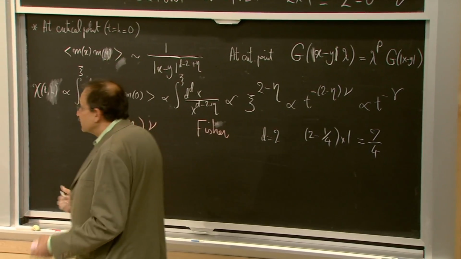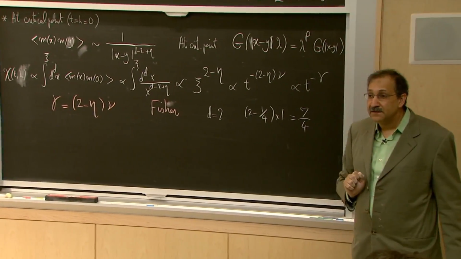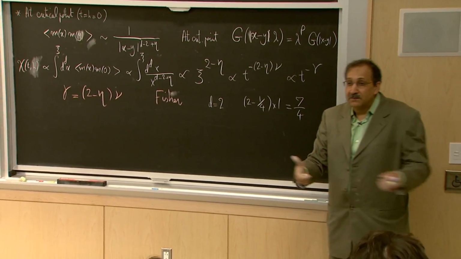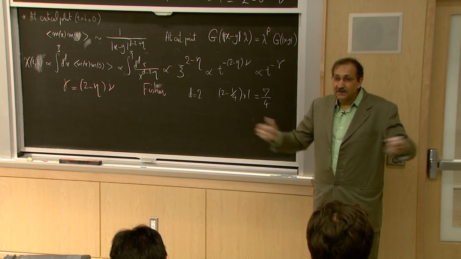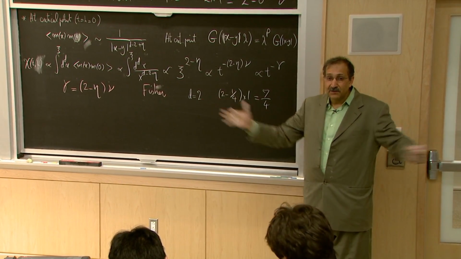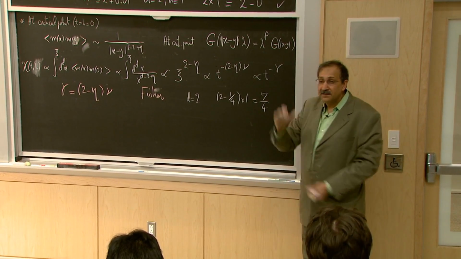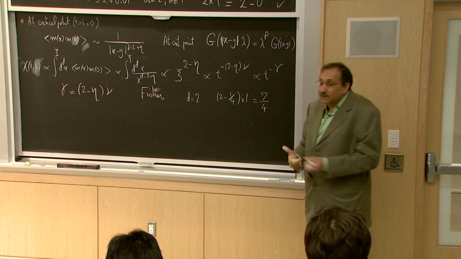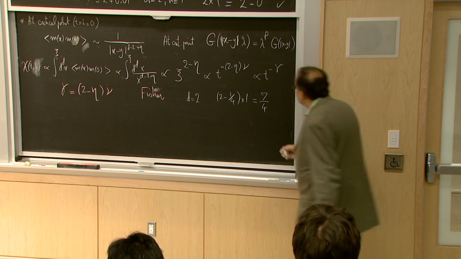Okay? So there is a symmetry here. It says you take your statistical correlations and you look at them at a larger scale or at a shorter scale, and up to some overall scale factor, you reproduce what you had before. Okay?